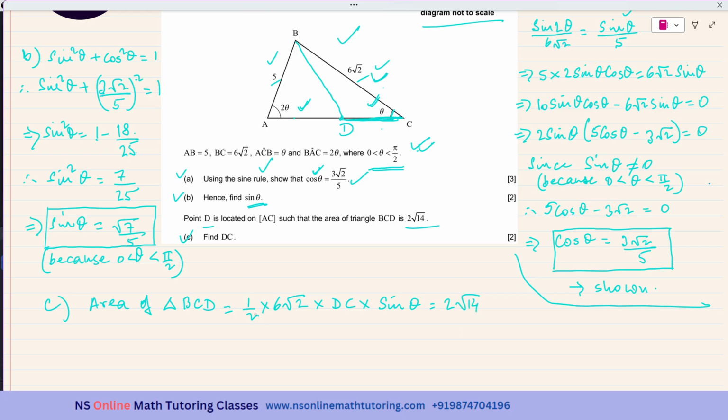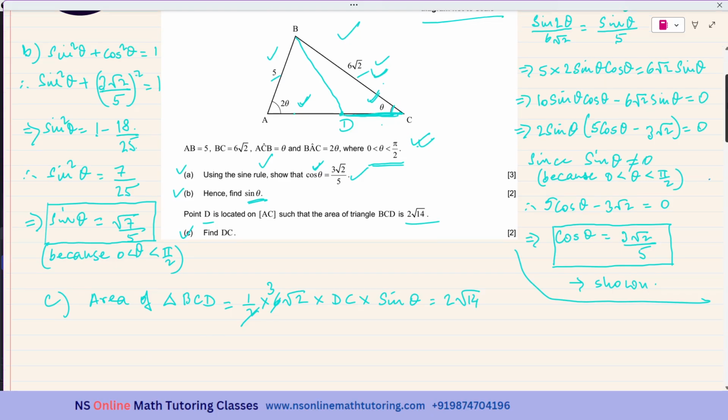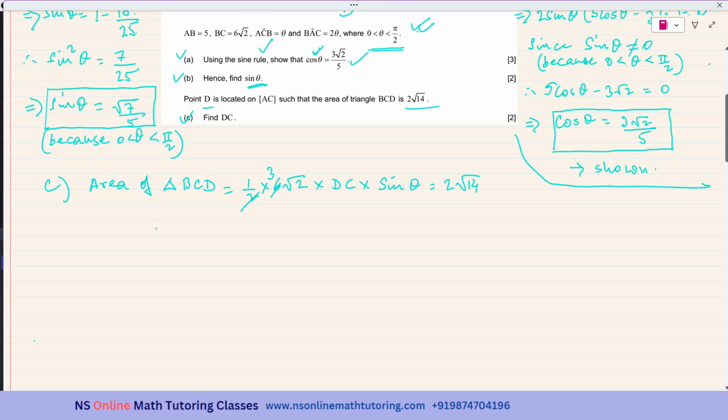And I can cancel these two. So this implies 3 root 2 times sine theta, which is root 7 over 5, times DC equal to 2 root 14.